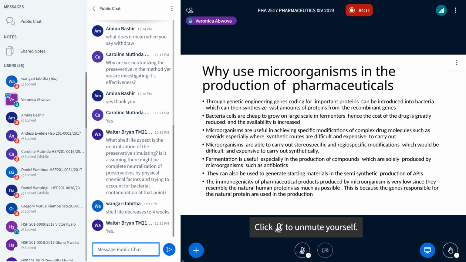Things to do with the conditions, and how do you handle the process? How do you ensure that you get more of the product that you want, and not just microorganism proliferating indefinitely, okay? So that is what we will be looking at, okay? So we will stop there for today.